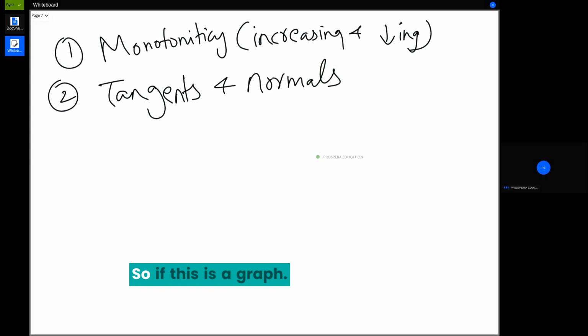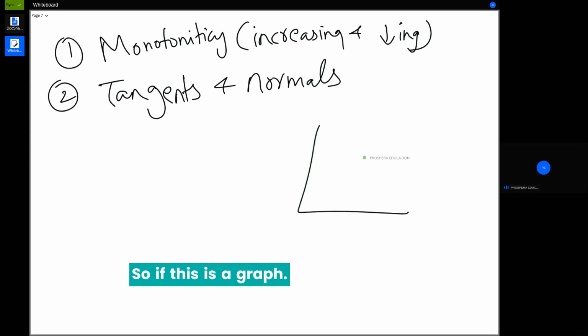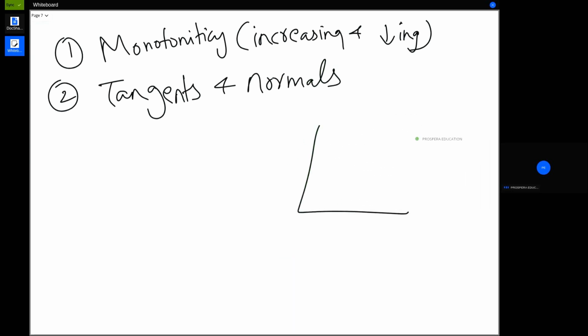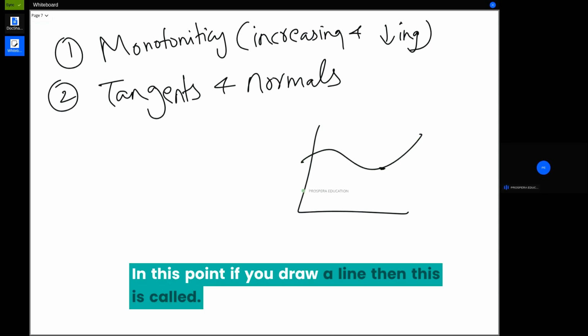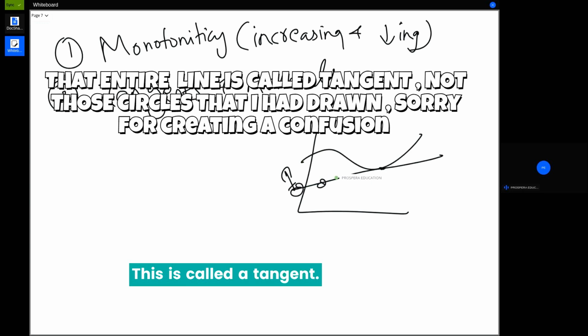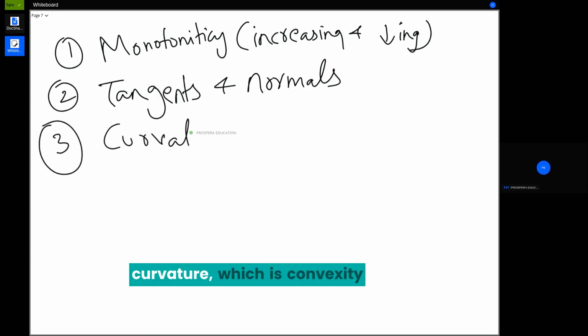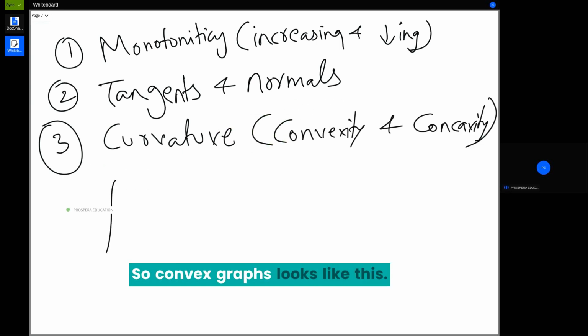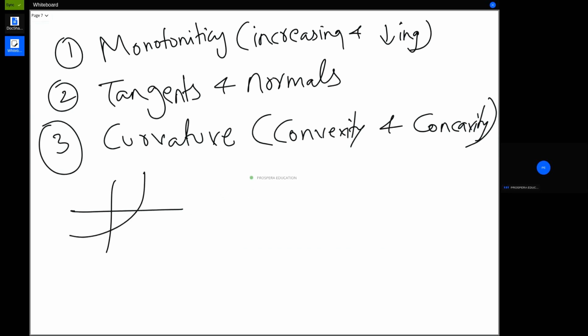So if this is a graph, at this point, if you draw a line, then this is called a tangent. So we're going to talk about curvature, which is convexity and concavity. Convex graphs look like this, upward sloping.